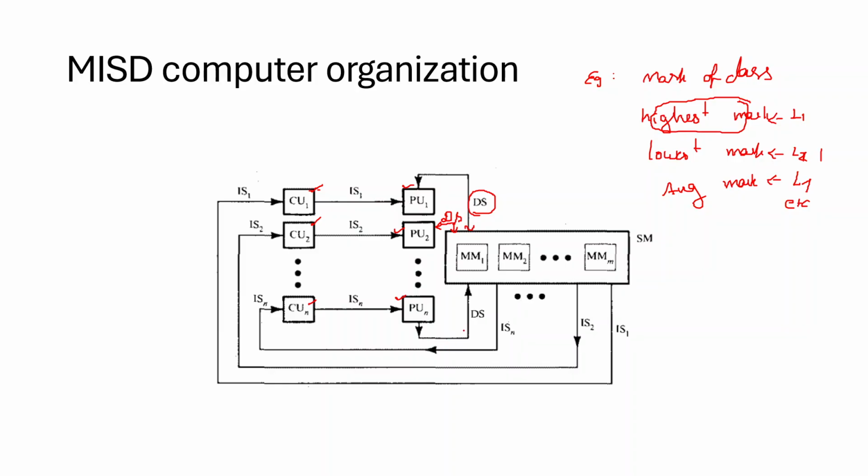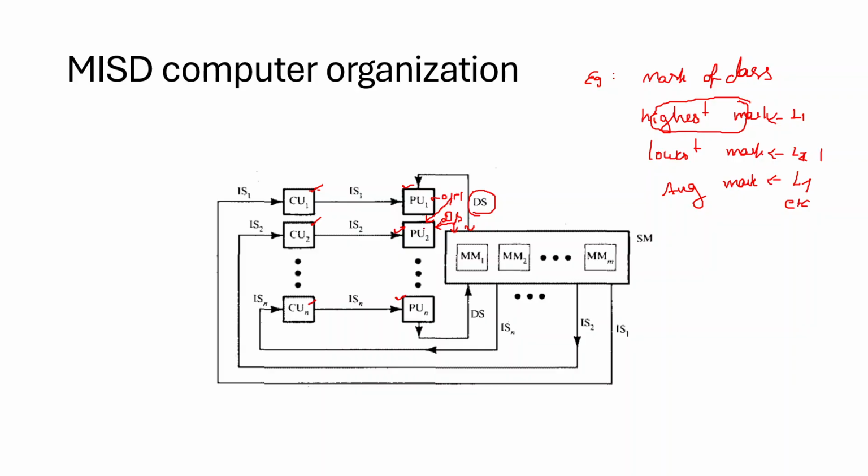So the same data is transferred to all the processing elements, but each processing element receives a different instruction. Sometimes the result of one processing element may be the input to another processing element. That is also possible here. The output of processing element 1 might be the input of processing unit 2.